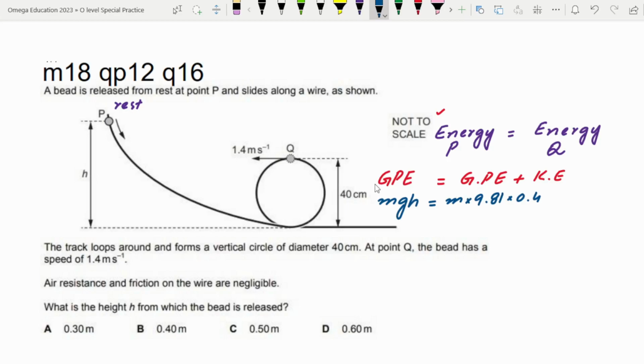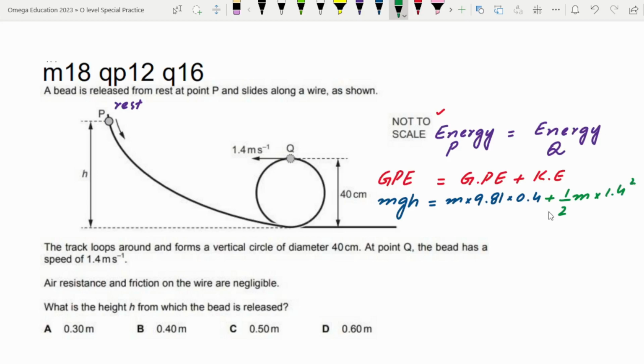You can see it for yourself over here, 40 centimeters would be 0.4 meters. Plus the kinetic energy, which equals 1/2 times m times the square of the speed. What is the speed? 1.4. Then you can take the square of the speed.